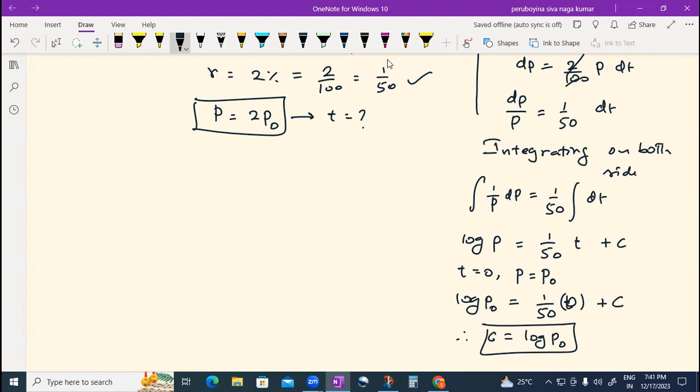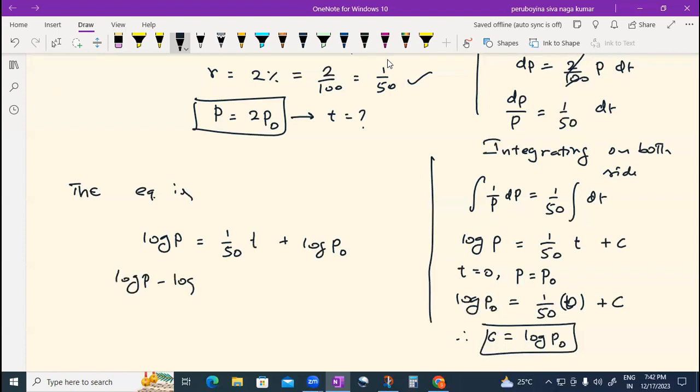After getting this C value, consider the equation again: log P is equal to 1 by 50 into T plus log P naught. So log P minus log P naught is equal to 1 by 50 into T. Therefore log of P by P naught is equal to 1 by 50 into T.